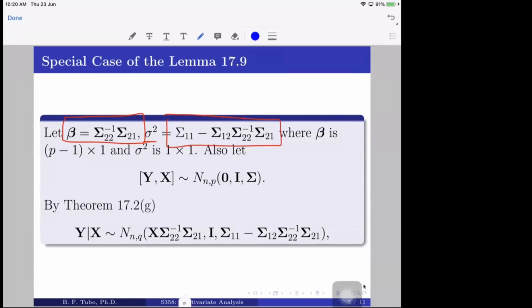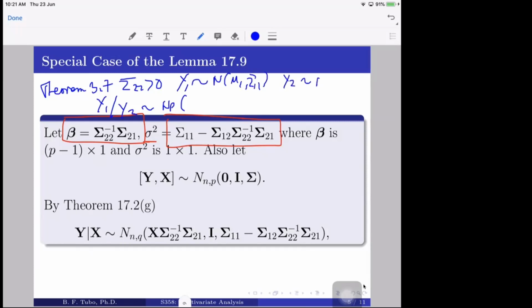Here in theorem 3.7, you have some assumptions that sigma 22 is positive definite. Then we were talking about the conditional distribution of y1 given y2, which is normal with parameters. Okay, so your y1 is normal, mu1, sigma 11. And your y2 is normal, mu2, sigma 22.